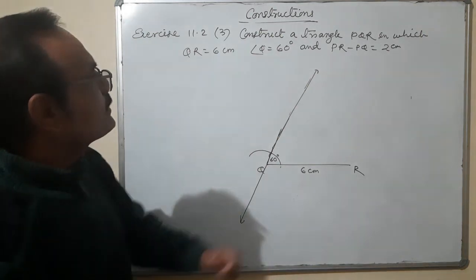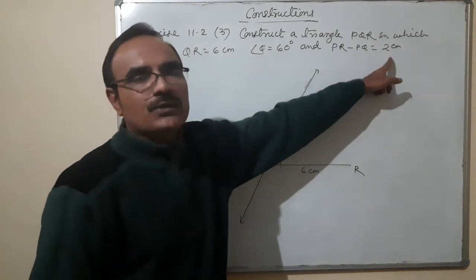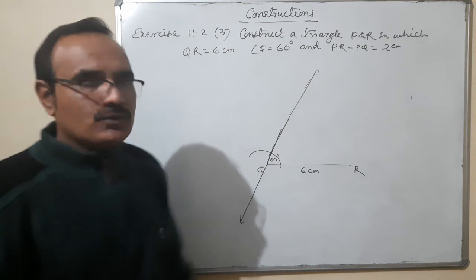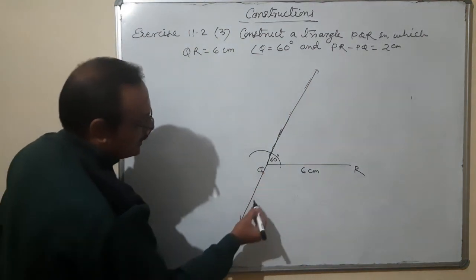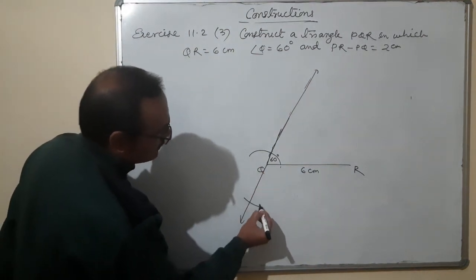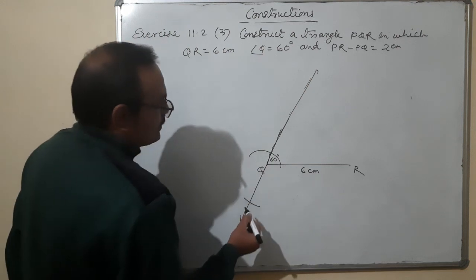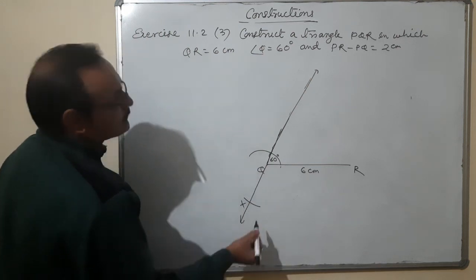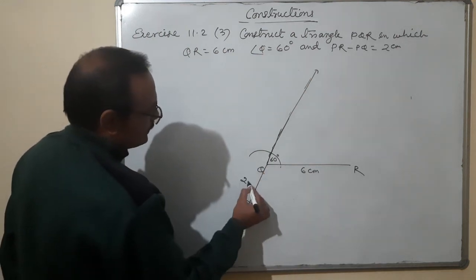After extending it, PR minus PQ is equal to 2 centimeter. Open a 2 centimeter arc with Q and cut here. Suppose it is X, 2 centimeter.